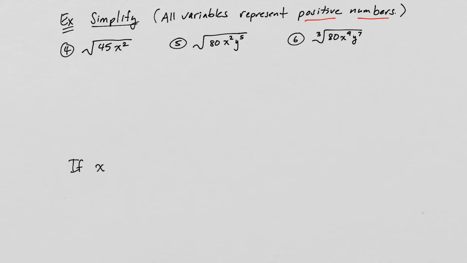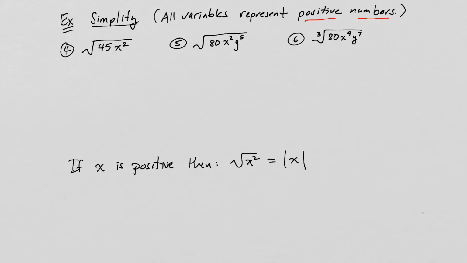If x is positive, then what is the square root of x squared? Well, you all should know that the square root of x squared is the absolute value of x. Remember, you have to have absolute value.